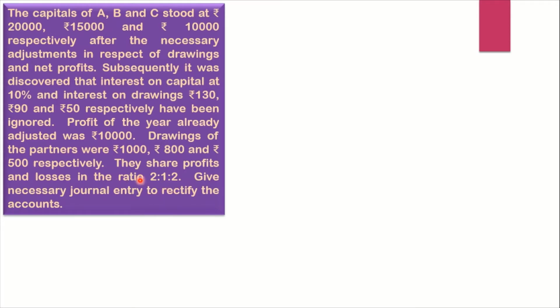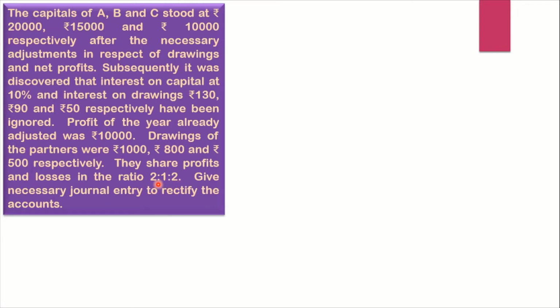Just remember one thing here again, as I go: which method are we going to use, which way are we going to treat it, whether the correct profit is to be calculated, or whether to prepare a P&L appropriation account. We can get it here itself. There is no mistake; it is not said in the question that there is any mistake in the distribution of the profit.